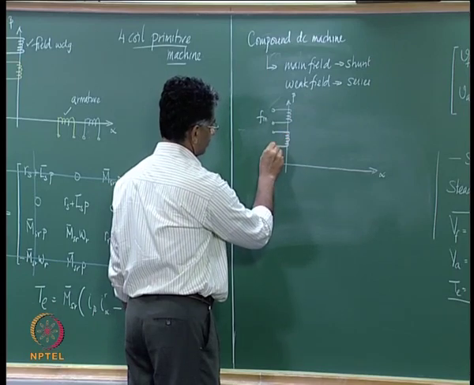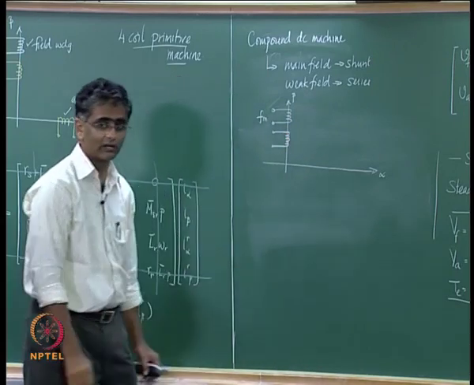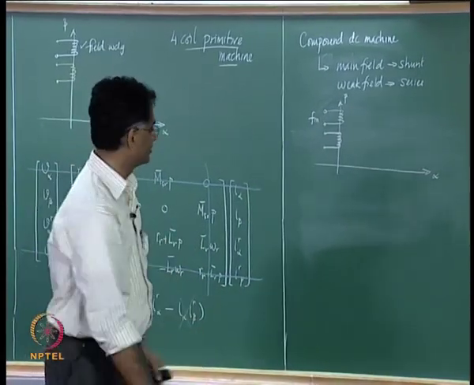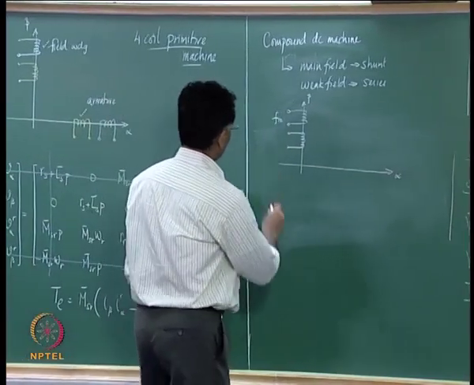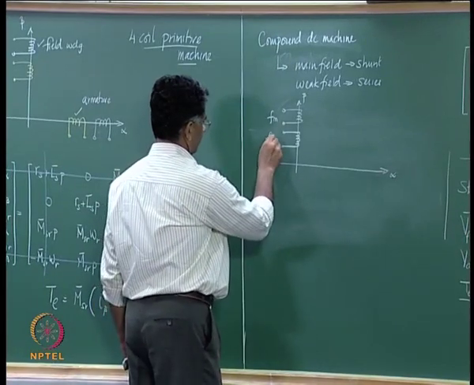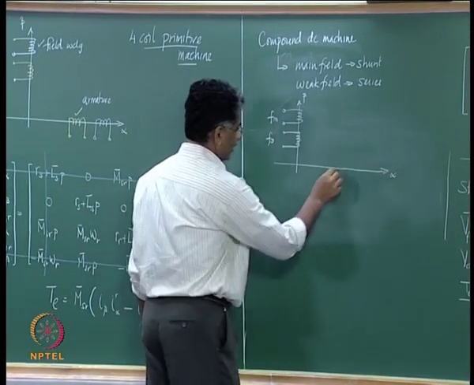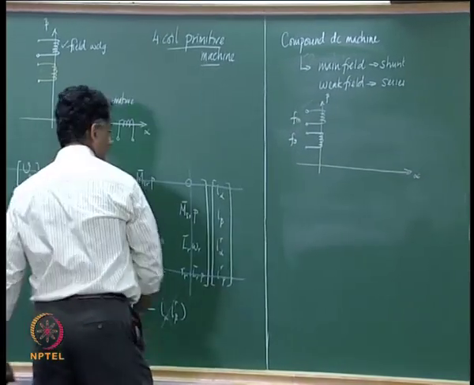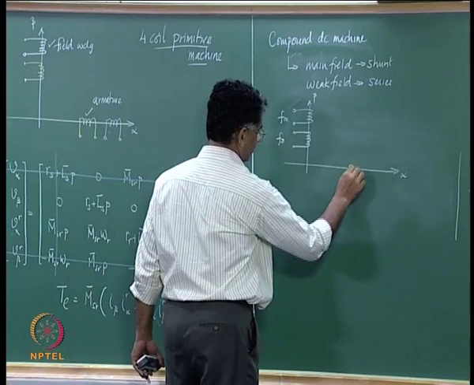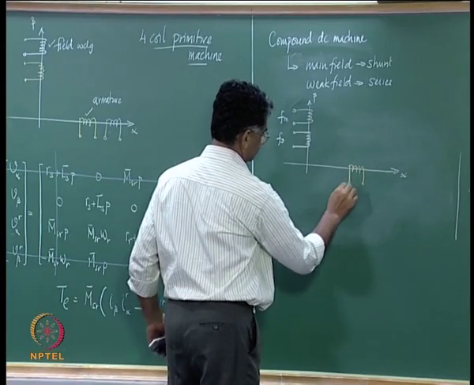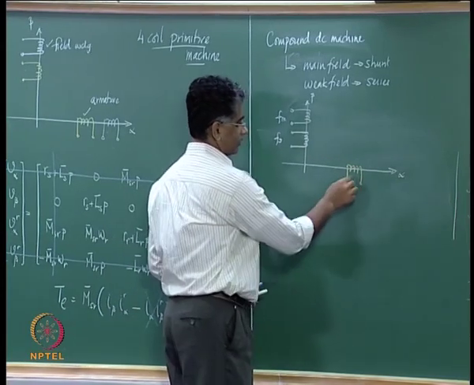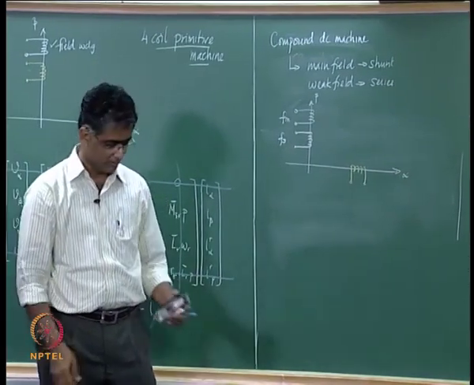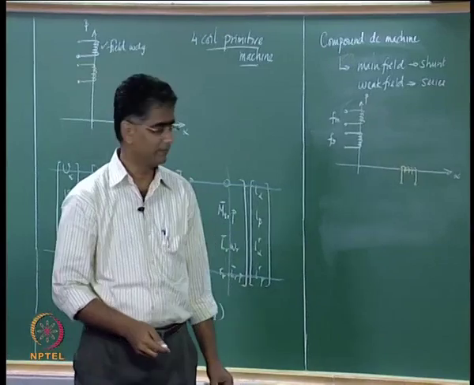This field is also located on the stator, therefore it is not a pseudo stationary coil, it is a really stationary coil. Let us call that F series, and then you have the armature which is pseudo stationary and present on the alpha axis. This is your armature. So, how does one derive a model for this kind of a system?